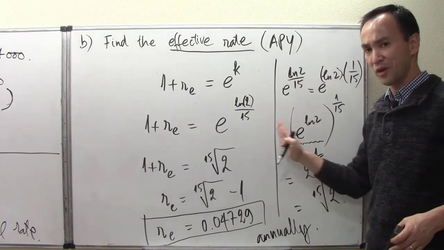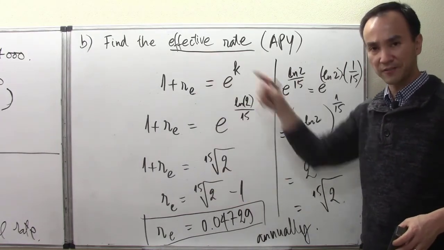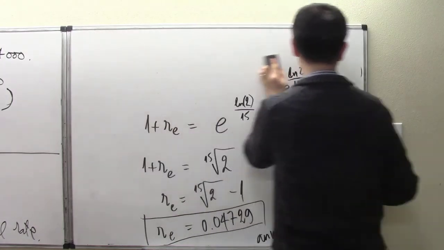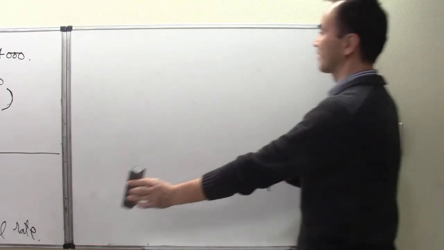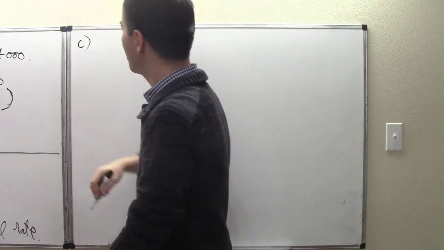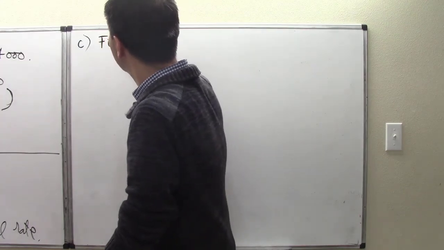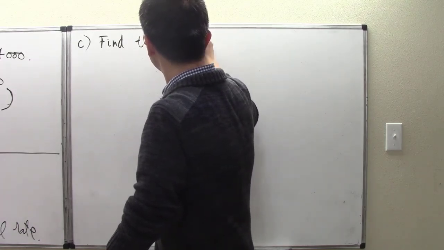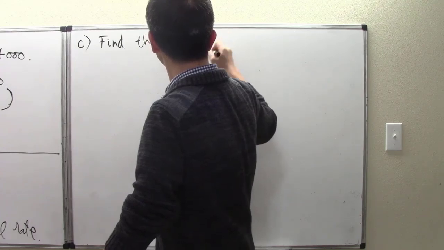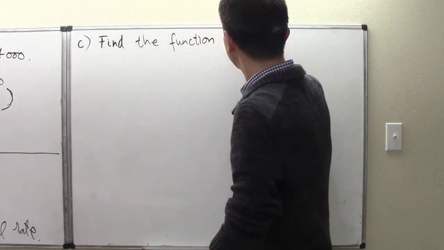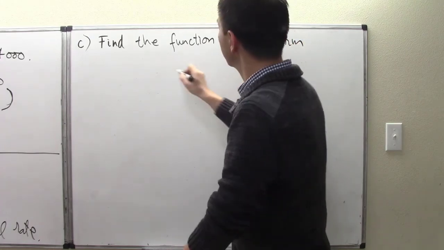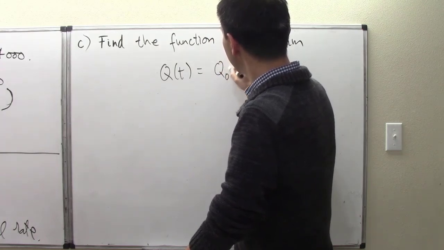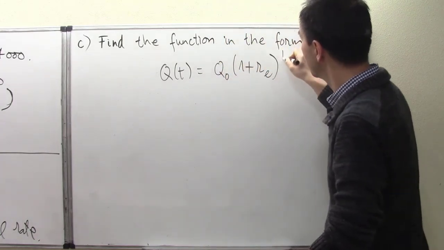Okay, so now once we're done with finding the effective rates, here comes the next question. Question C. Find the function in the form Q of t equals Q sub 0 times 1 plus the effective rate to the t power.